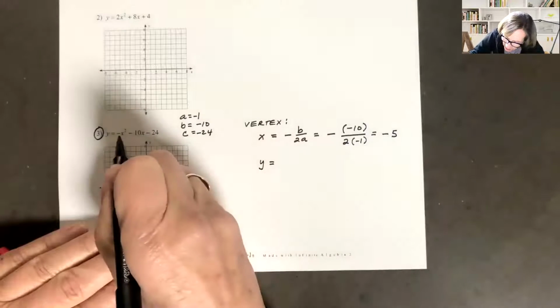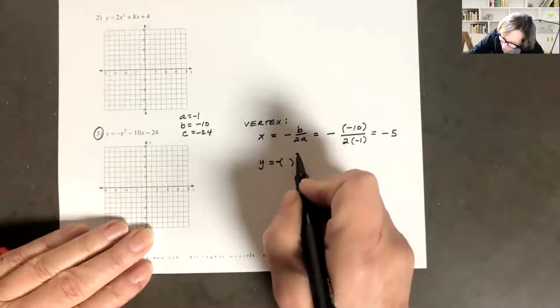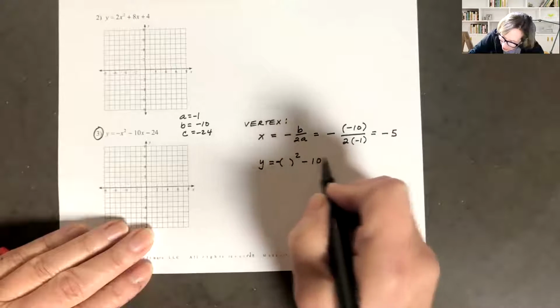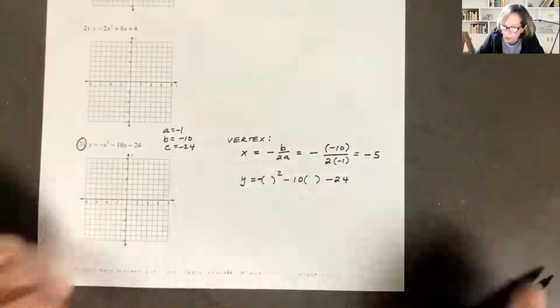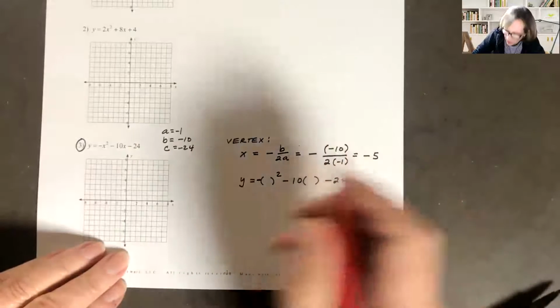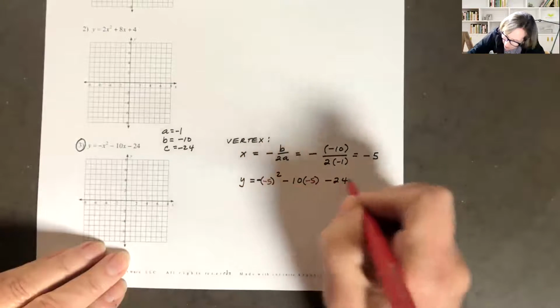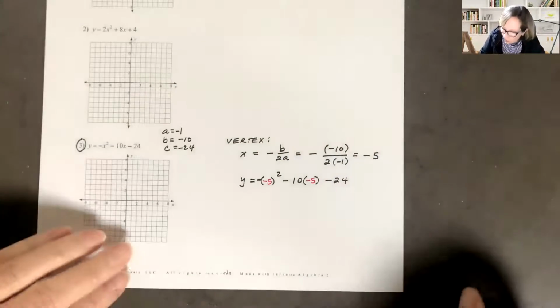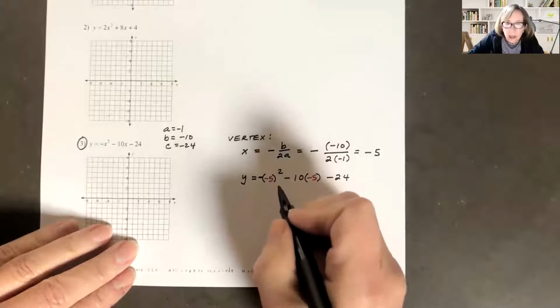So I go negative x squared minus 10 times x minus 24. And I'm just going to put that -5 that I got here, and simplify. So the first thing that you have to do, order of operations, is square the -5.